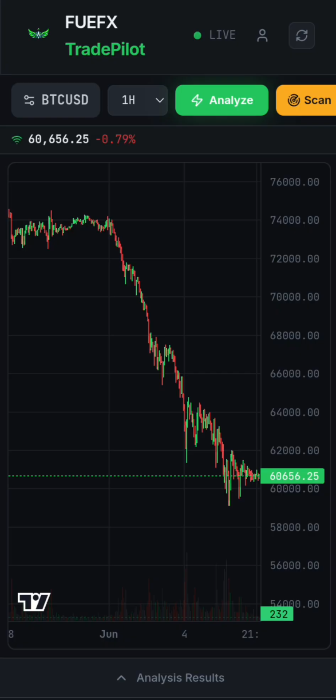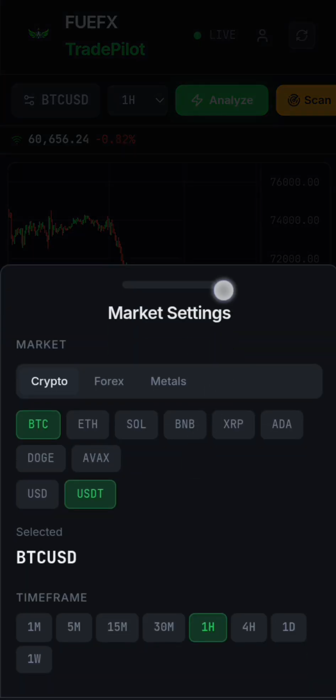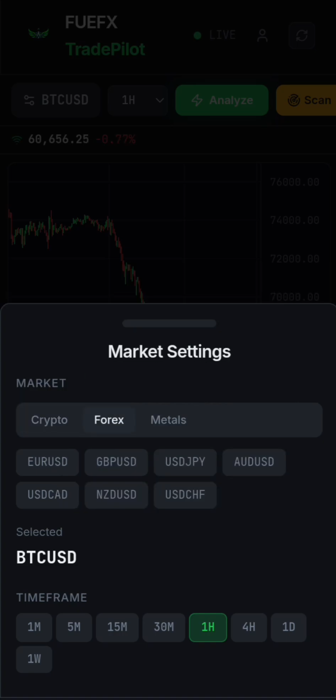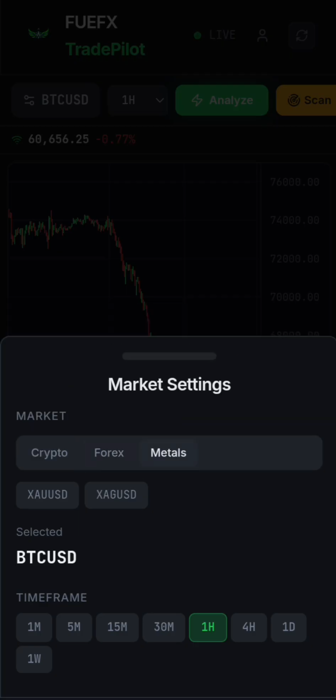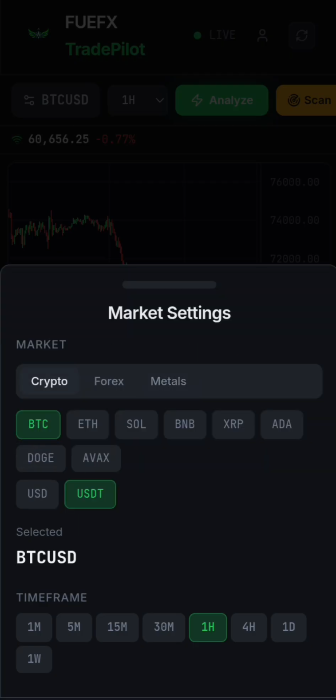First, to analyze any trading pair, you come to the settings here. In the market settings, you can see crypto, forex, and metal pairs. These are the crypto pairs here, we have the forex pairs, then we have the metal pairs. In this case, I want to analyze BTC USD, so I'll select it here.